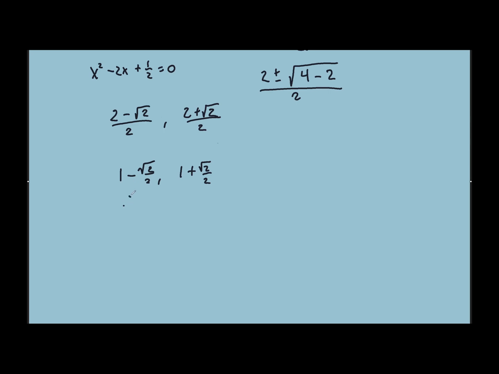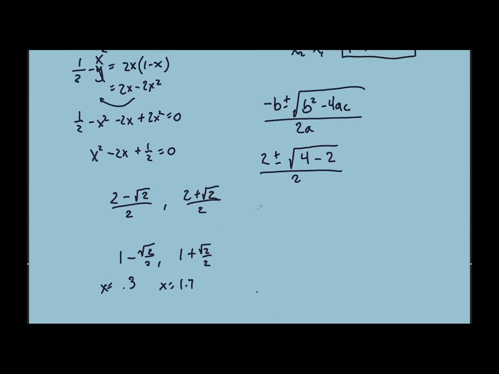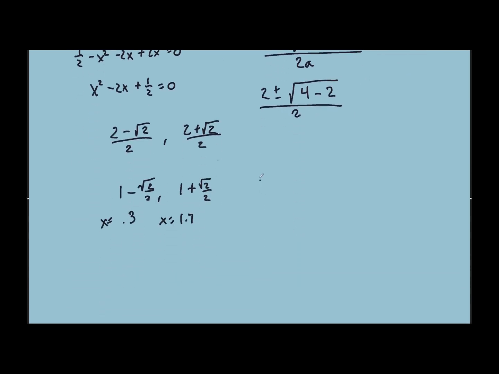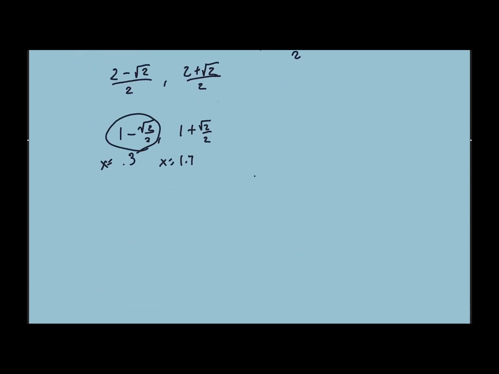So this would be about 0.3 for our x value. This will be about 1.7 for our x value. So let's look at the parabola. This has an x value of 1. So an x value of 1.7 would be up here. You'd have to look this way. So I think it's going to be the other one. I think we're going to have 1 minus root 2 over 2 as our x value.